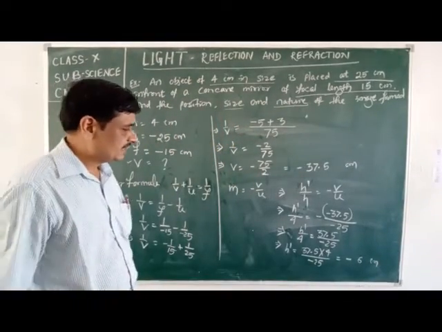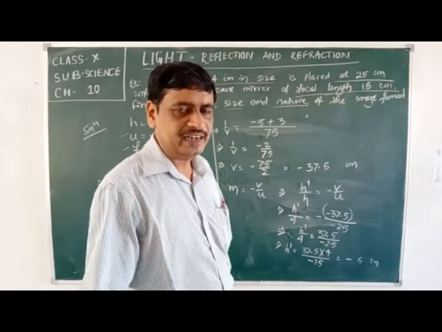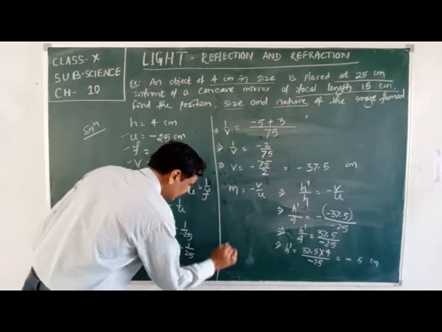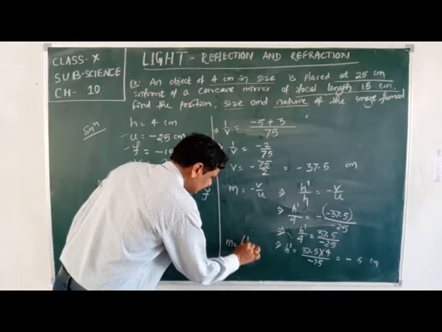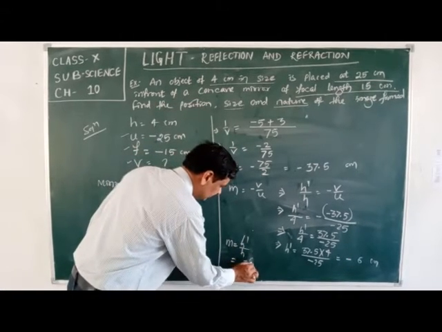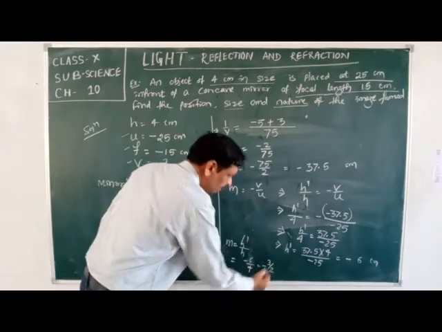Next, nature of the image. The nature of the image can be calculated with the help of magnification. Here, magnification m is h' by h, which is equal to minus 6 by 4, that is minus 3 by 2.